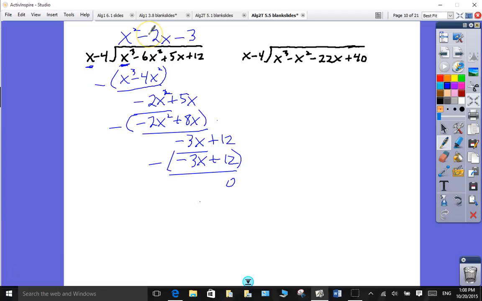And then x squared minus 2x minus 3, that's an easy factor too, right? X minus 3 times x plus 1. Right, so what are the zeros? 4, 3, negative 1.